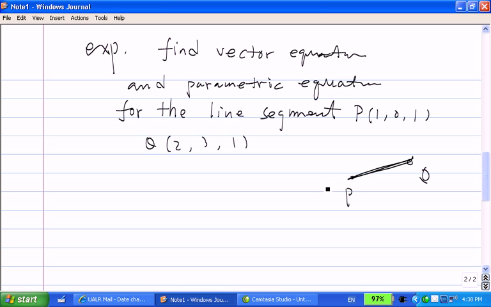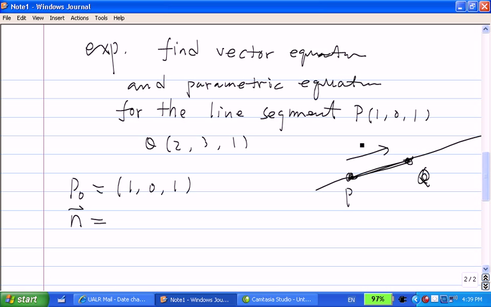Okay, so first of all, let's find the equation of the line determined by points P and Q. Remember, how do we find the equation of a line? We need to know the P0. What is P0? Any point on the line will be qualified for P0. So you can use either point P or point Q. Doesn't matter. We use point P. Next thing is find n. What is n?